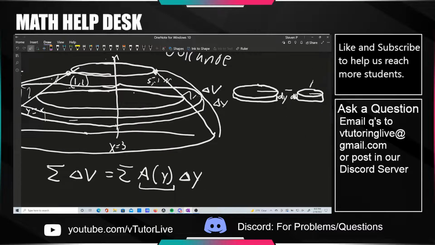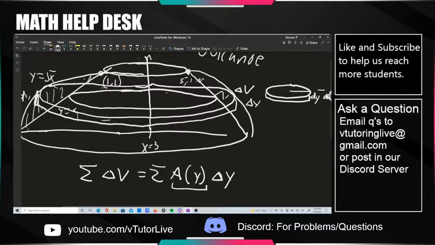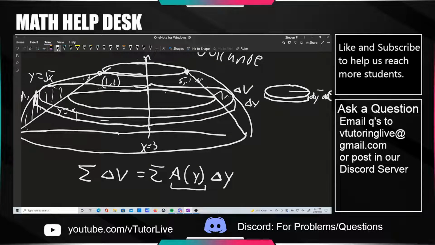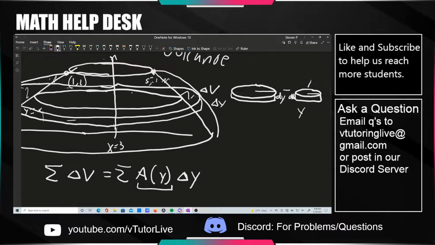So with that in mind, the justification here is we want the area in terms of y, but we know the equations where y is equal to x, and y is equal to root x, right? But the point that I'm making here is the area for this thing is pi x squared, right?